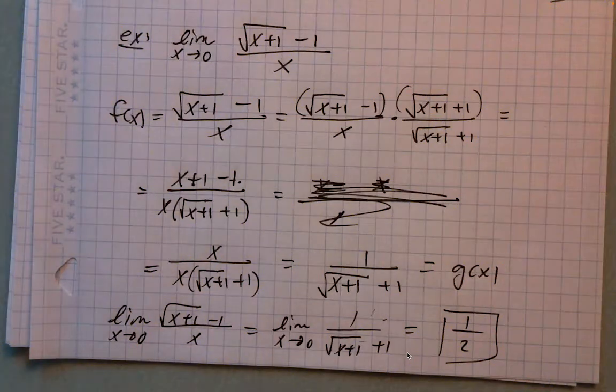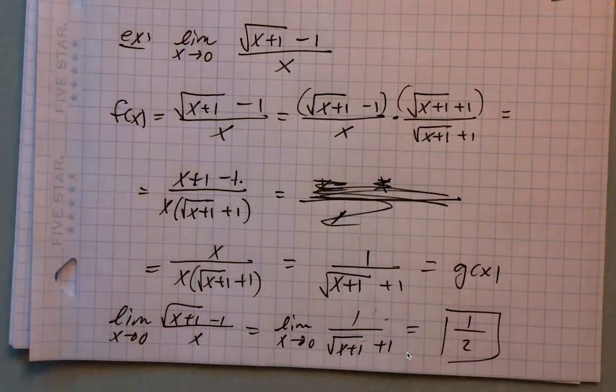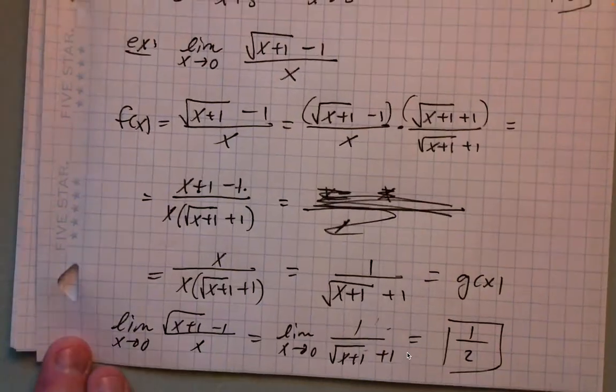Okay, so there's a couple more examples using that very, very famous, very widely used, very life-saving limit theorem. All right, now the next theorem is a pretty interesting theorem. It's got a lot of far-reaching applications.